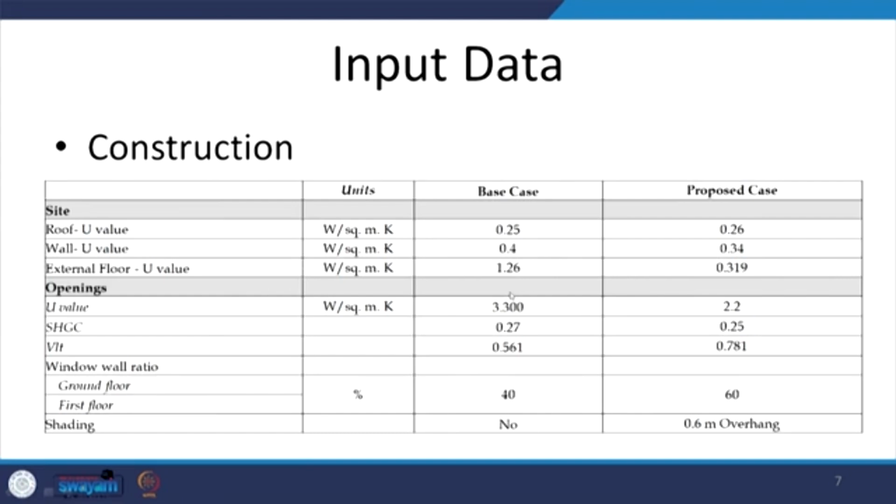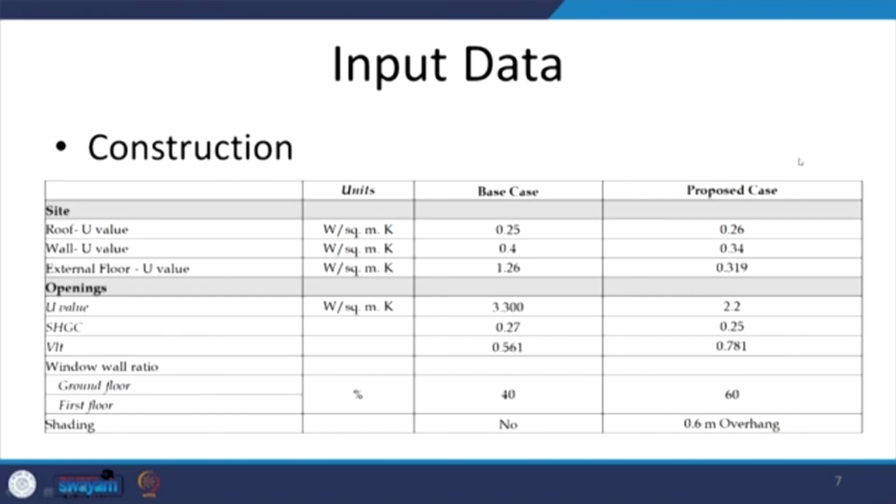Ground floor we took as default, which is what we will keep the same in proposed case as well. For openings, we assumed the U value of 3.3 and SHGC of 0.27 and a window wall ratio of 40%. There were no shadings to be considered.